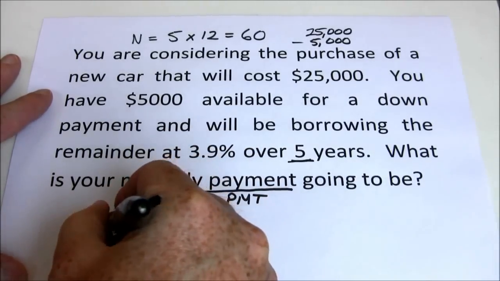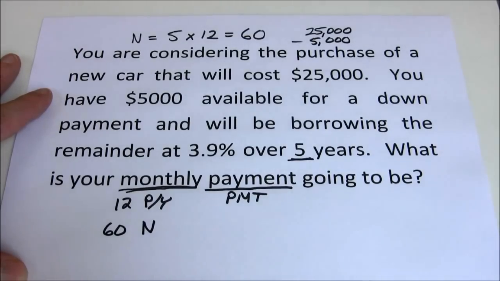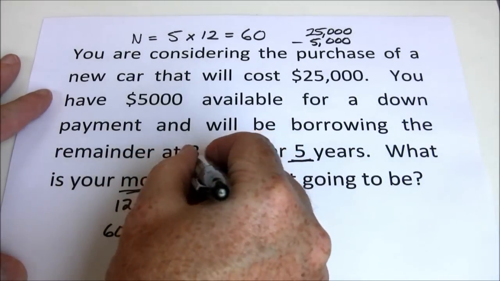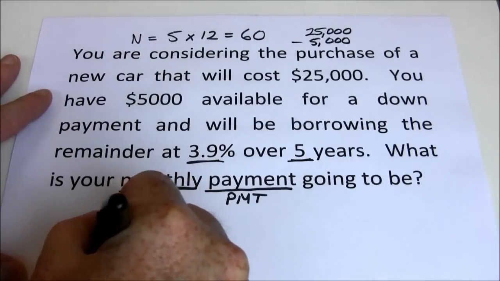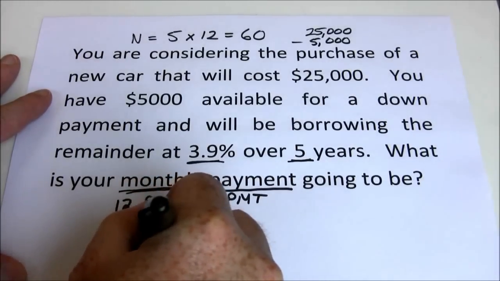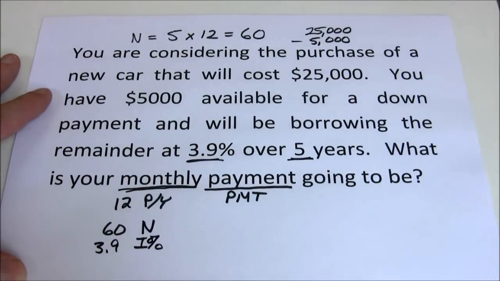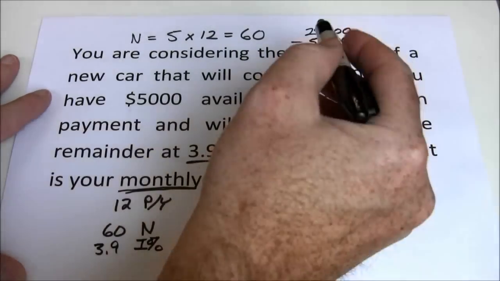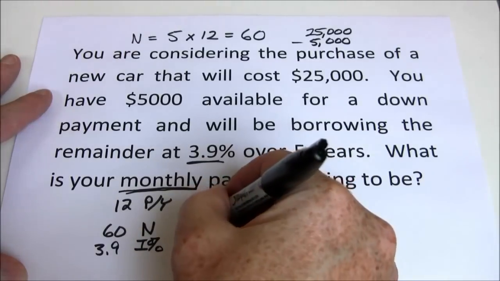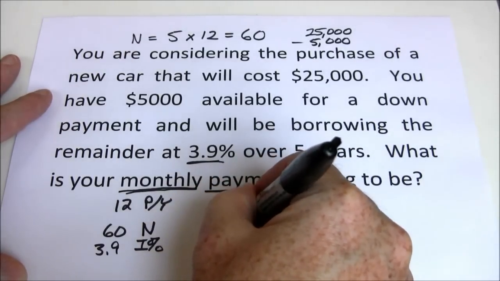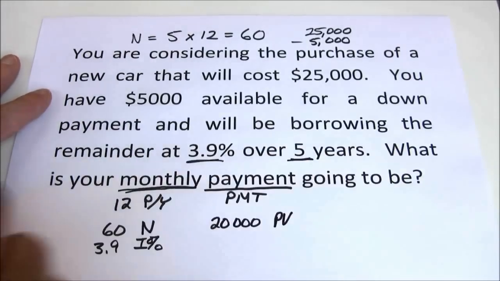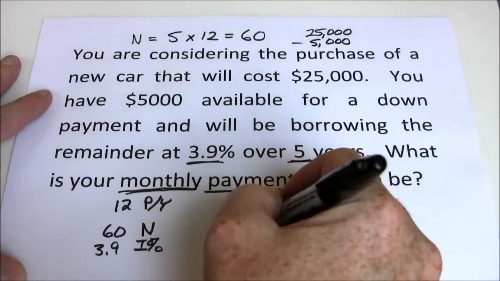Our N, we said, is going to be 60. Our interest is that 3.9%. Our present value is the $20,000 that we were borrowing. We're solving for the payment.